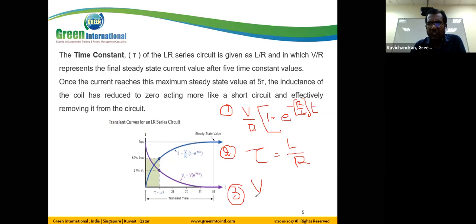Because if you refer to some other books, they write it like this: V by R, 1 minus e to the power of minus R by L into t. Here tau is equal to L by R, which gives 1 by tau is equal to R by L. So we can write e to the power of minus t by tau.